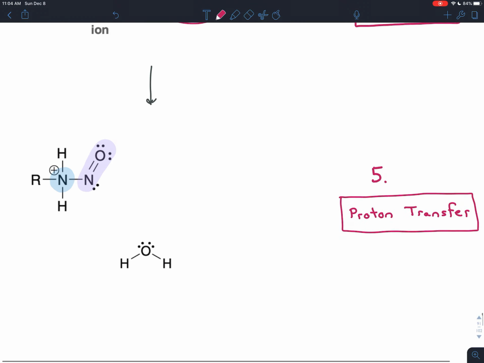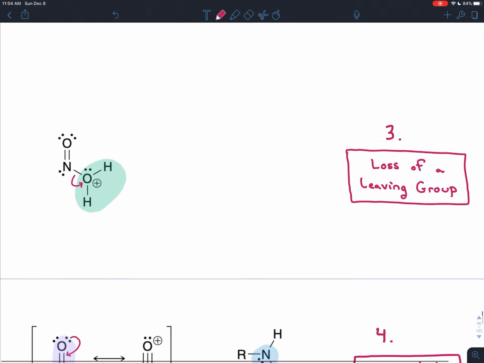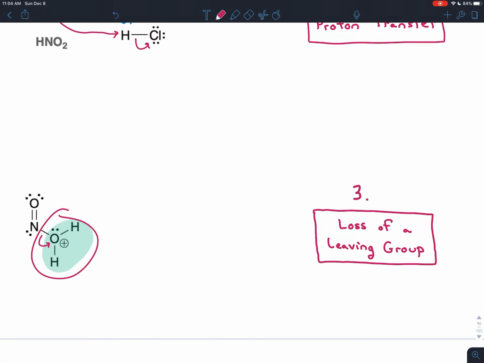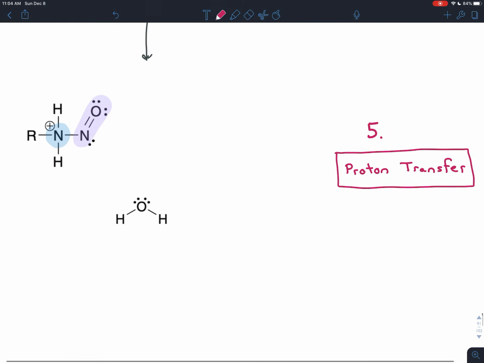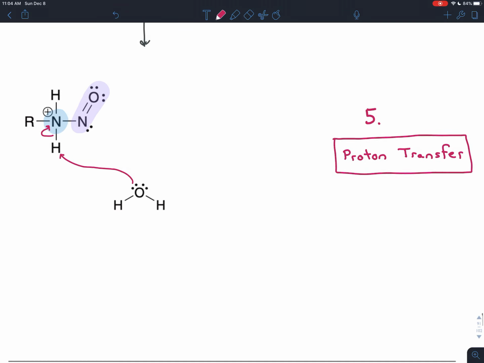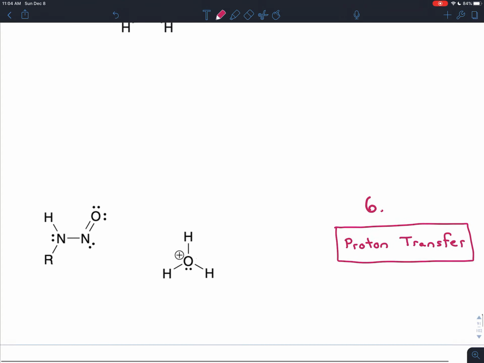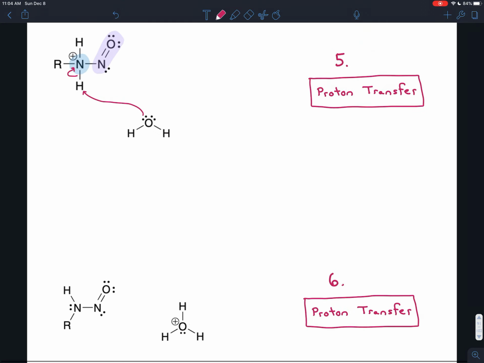Water can come in, and this water is what we made in the previous step. This was our leaving group in the third step here. That water can come back and do a proton transfer. The slightly negative oxygen can steal the slightly positive hydrogen. The electrons snap back onto the nitrogen to stabilize the positive charge. And now we have this molecule here.